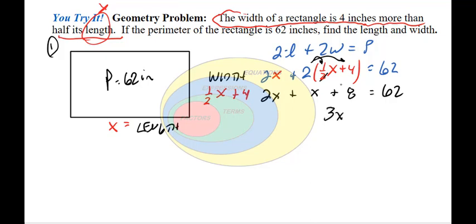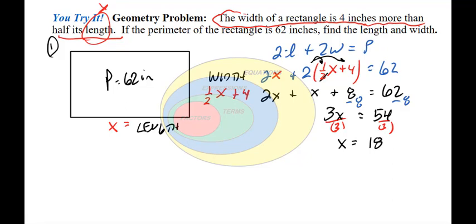To isolate the variable term, I'll subtract 8 from both sides, so 3x equals 62 minus 8, which is 54. Dividing by 3, I get x equals 54 divided by 3, which is 18.